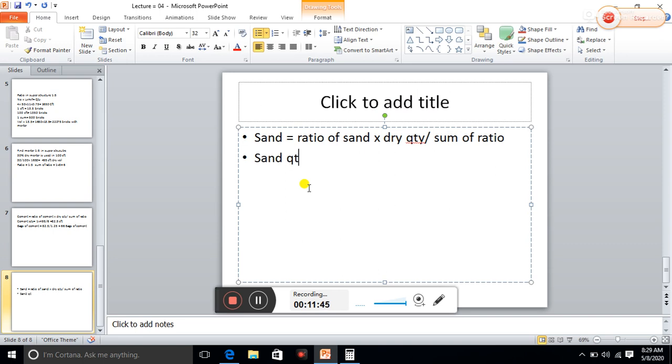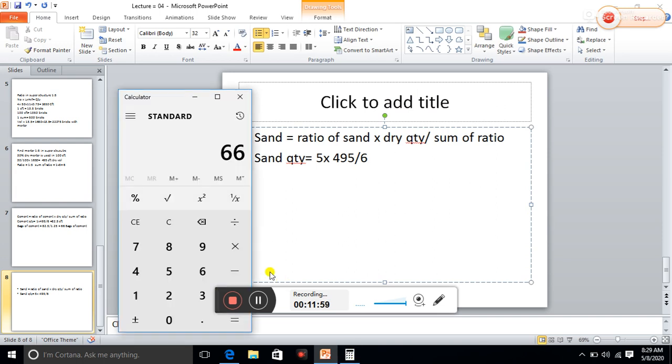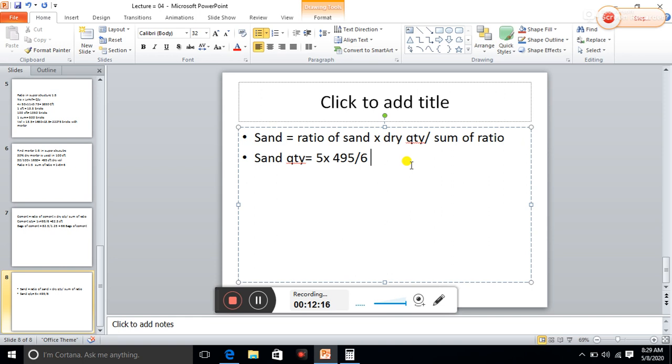So sand quantity or volume is equal to ratio 5 into dry quantity 495, divided by sum of ratio 6. So 495 into 5 divided by 6 is equal to 412.5 cubic feet.